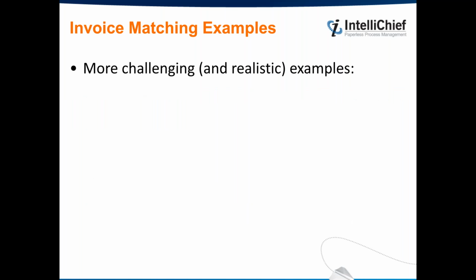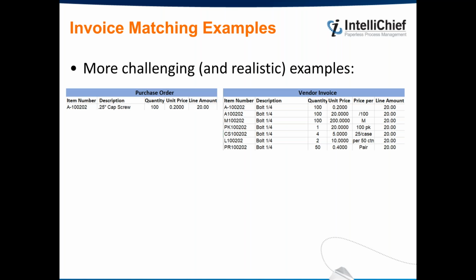Now, what's more challenging and more realistic, particularly if you're a manufacturer buying raw materials, is this. Here, the item number and description are the same in all these. But the unit price and line amount, and the unit of measure on the vendor invoice, are totally different.